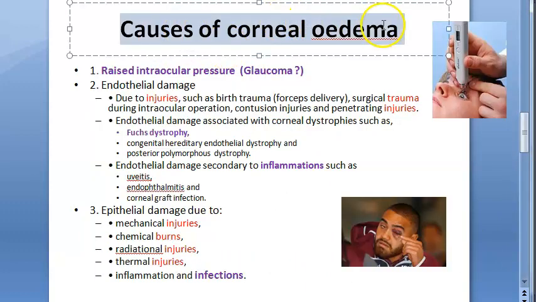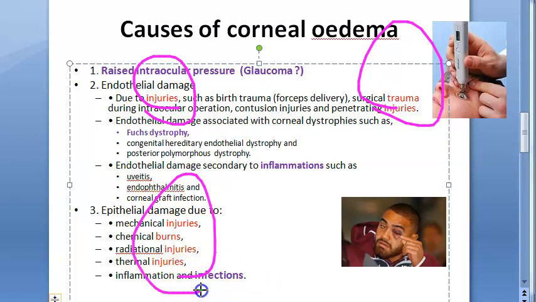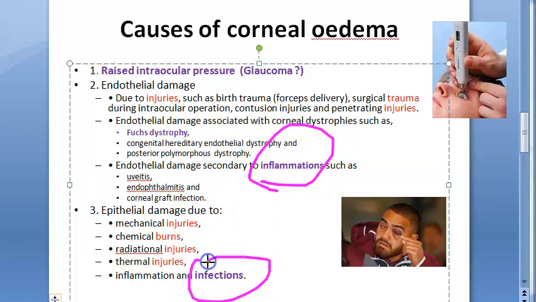Now let us look at the causes of corneal edema. So what are the causes? So you already saw raised intraocular pressure, right? Other than this intraocular pressure raised, what are the other things they are talking about? Just see here, okay? Everywhere they are just blaming some injury, trauma, burns, such things only. Otherwise, what are they blaming? You can see here, inflammation, infection, and something called Fuchs dystrophy.